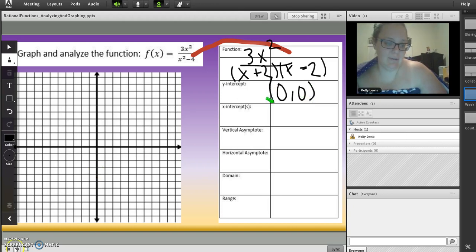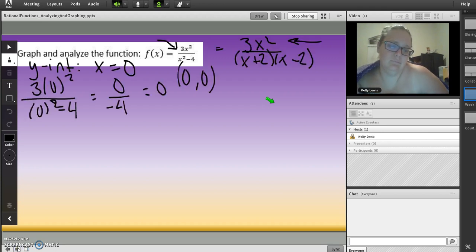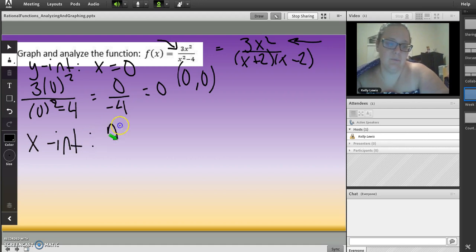Okay, now I need to find my x-intercept. Oh, I must have gone two slides on x. Right, my x-intercept is when y is 0. So what you're going to do is set the numerator equal to 0 and solve.